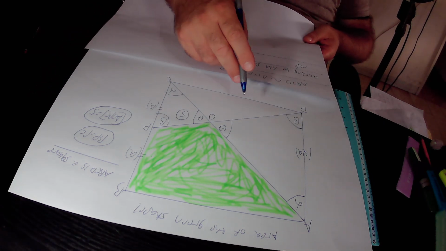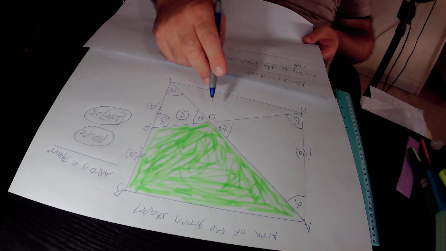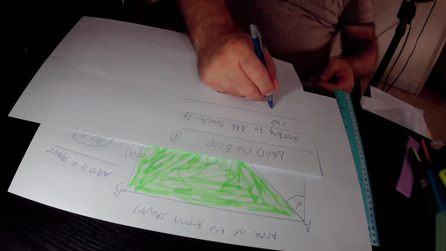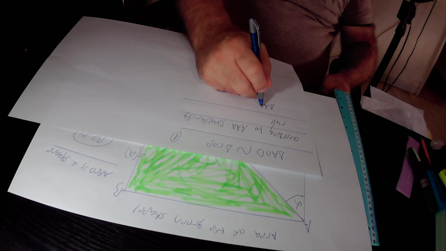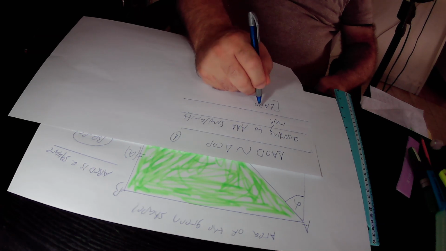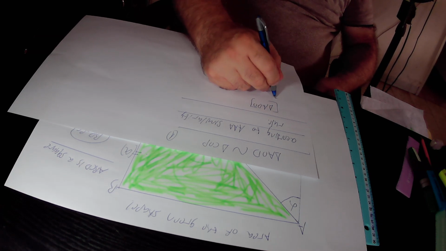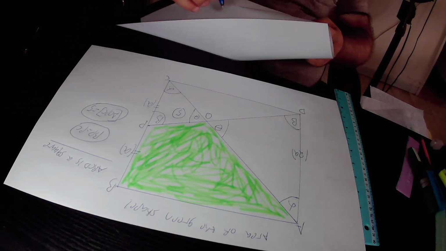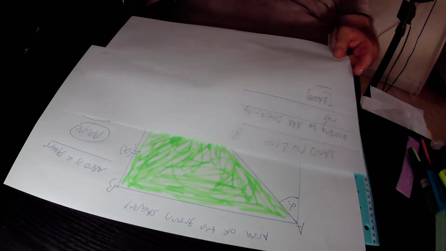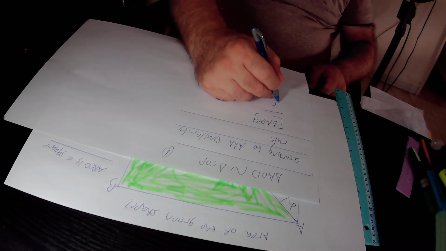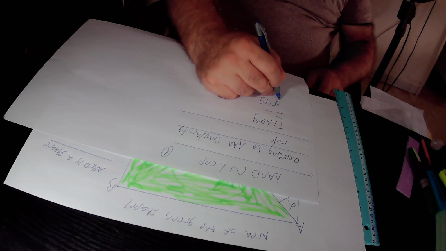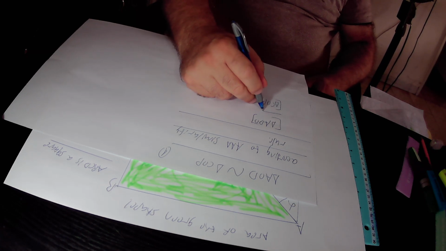We get that the ratio between the areas of those two similar triangles is the area of triangle ADO over the area of triangle COP.